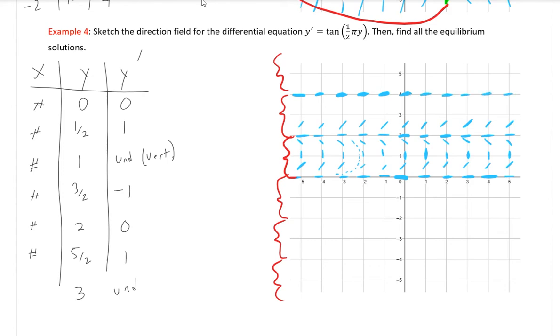So at 0, 2, 4, -2, -4. I have vertical lines at every odd amount. Then I have either 1 or -1 at the halves. And again, I should see that pattern keep repeating itself. So they're kind of like asymptotes.